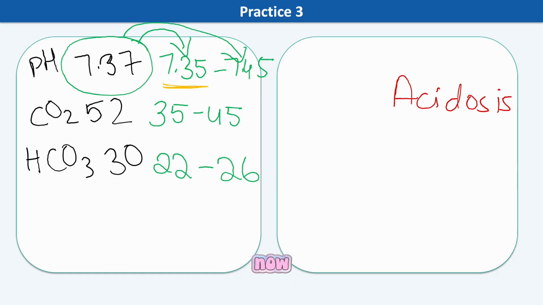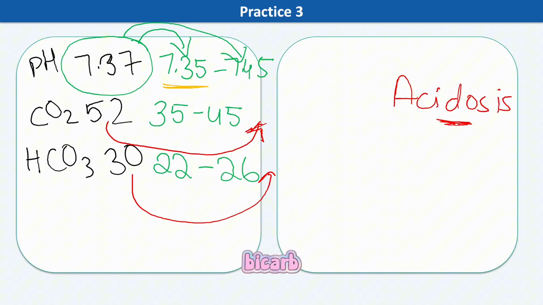Okay. Now we're going to look at the other values. Carbon dioxide is way off, right? It's more than the normal range. Okay. So it's 52. And bicarb here is 30. So again, it's more than the normal range. So what do we see here? What was the cause of acidosis? Was it a lot of bicarb, or was it a lot of carbon dioxide?